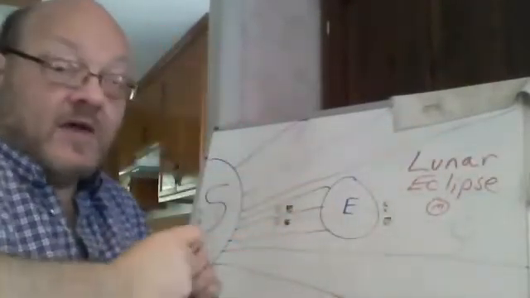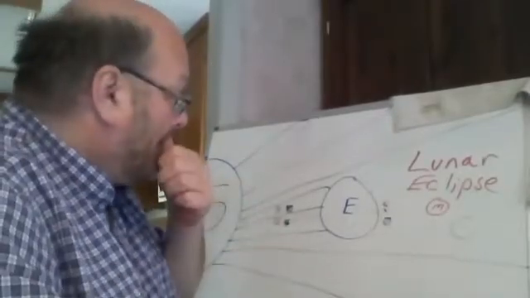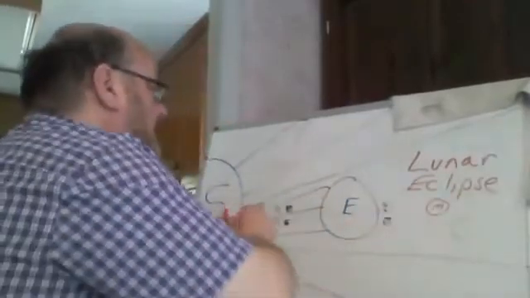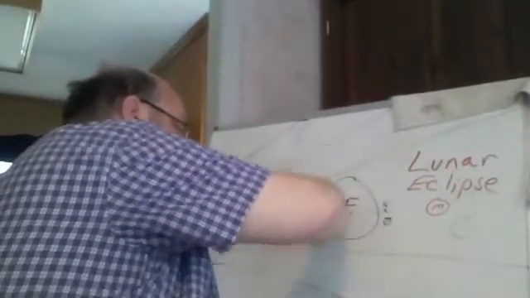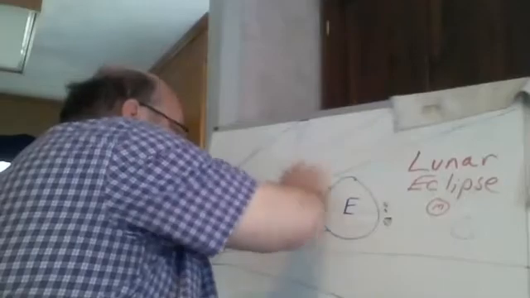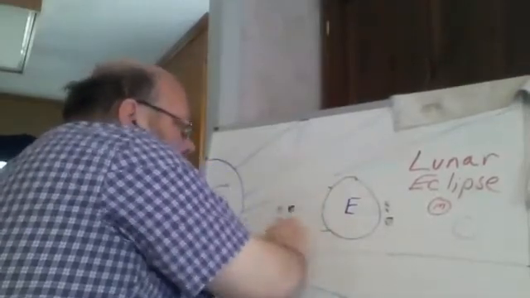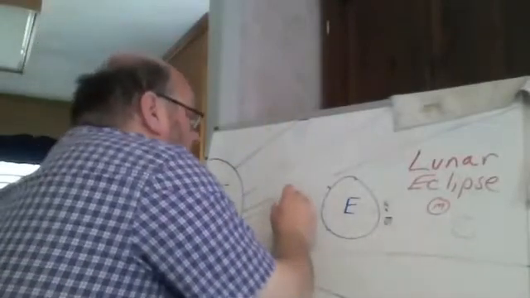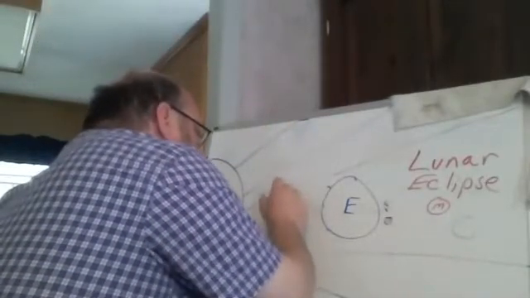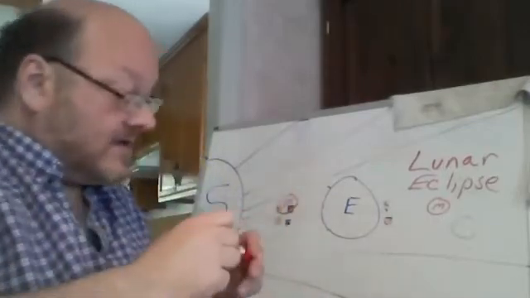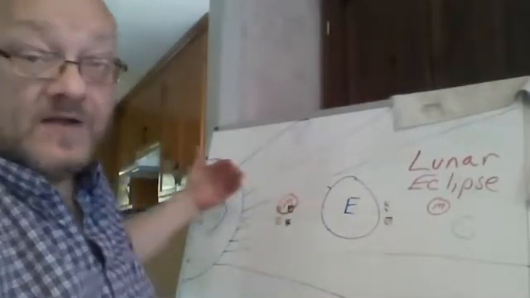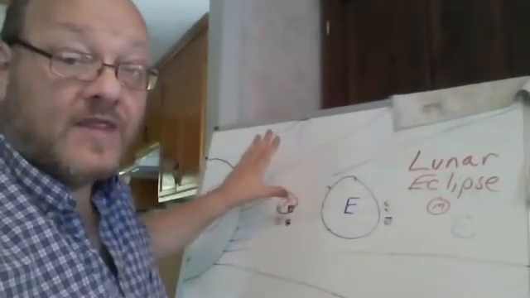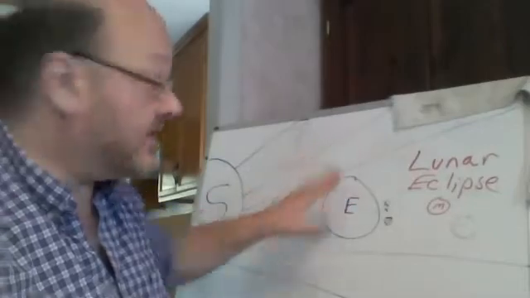Now there's something else that happened when the moon lines up, still in line, but you had the sun, then the moon, then the Earth.